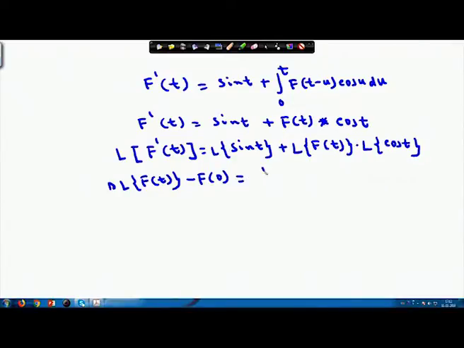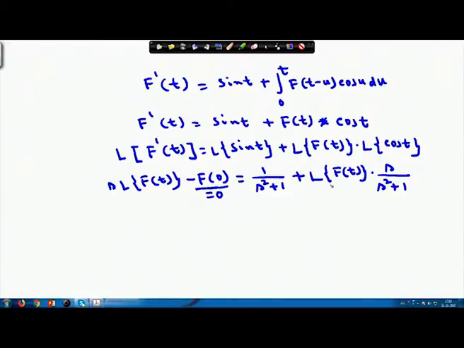The Laplace transform of sin t is 1/(s²+1), plus the Laplace transform of f(t) times the Laplace transform of cos t, which is again s/(s²+1). And f(0) is 0, so that term is 0, as given to us.